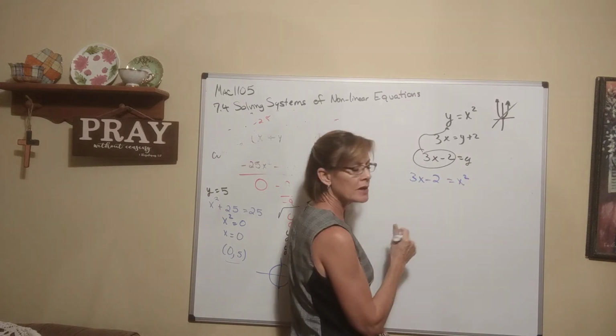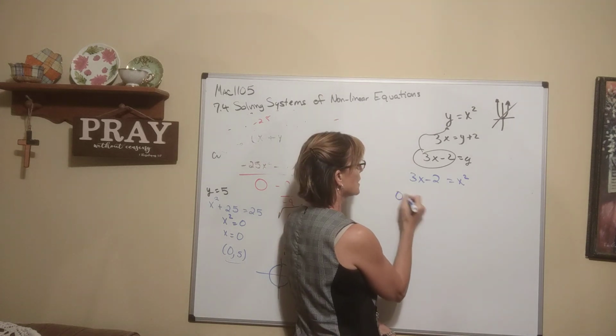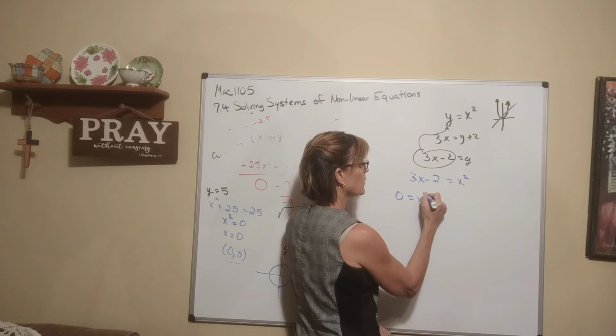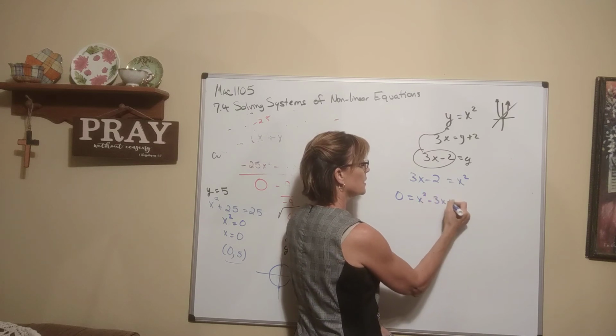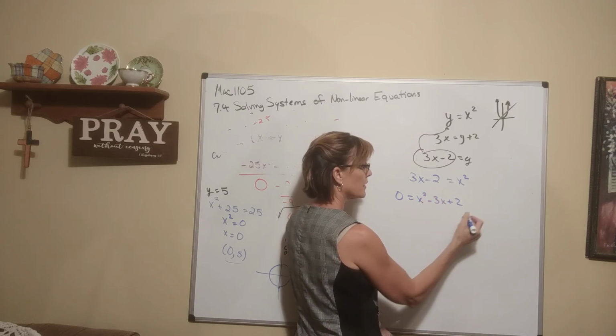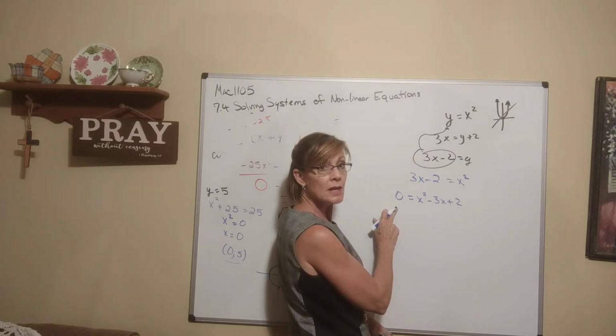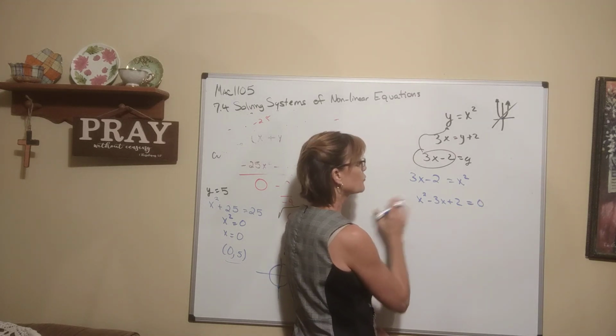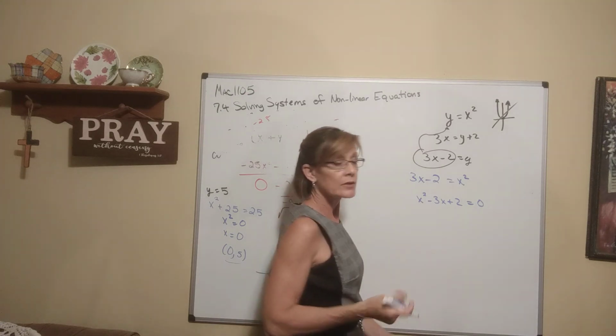Have a quadratic equation. I'll get a 0 on one side. If I subtract 3x and I add 2, I get x squared minus 3x plus 2. I'm going to solve this. If I don't like my 0 on this side, I can move it over here. That is called the reflexive property of equality, and you're allowed to do that.